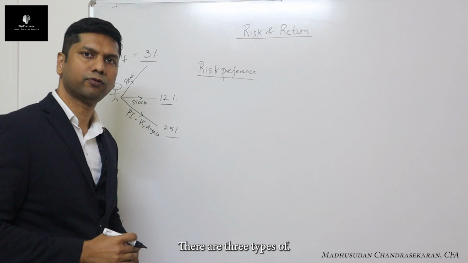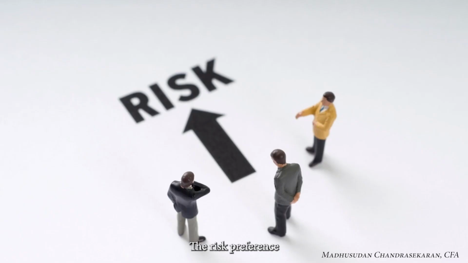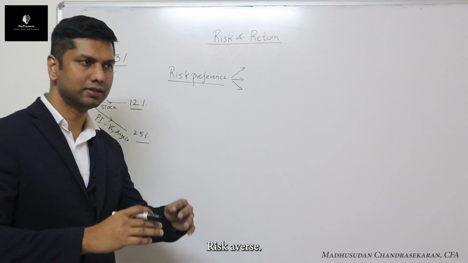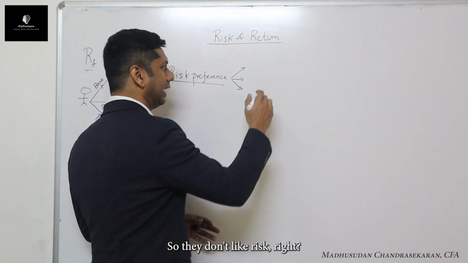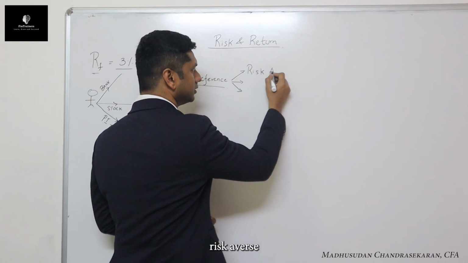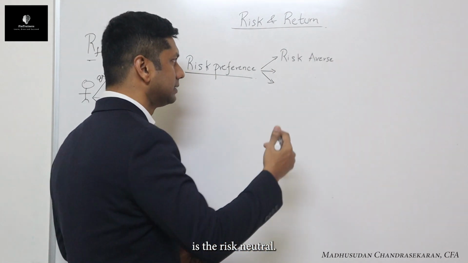There are three types of investors based on risk preference. First one is risk averse. They don't like risk. Risk averse. Second type is the risk neutral.